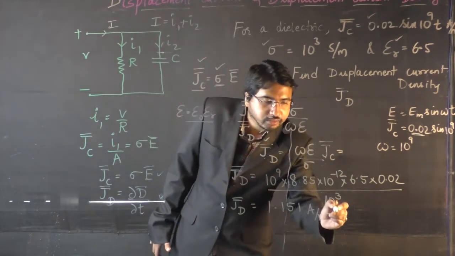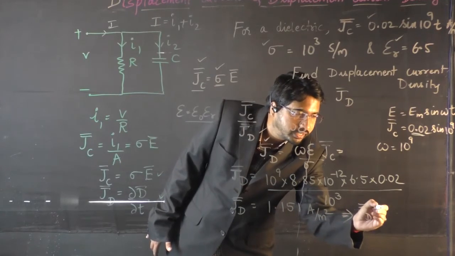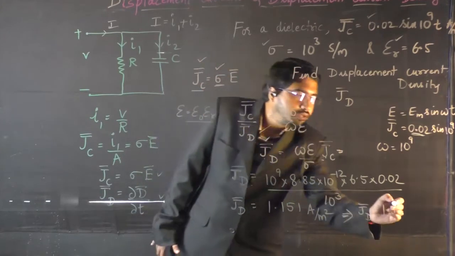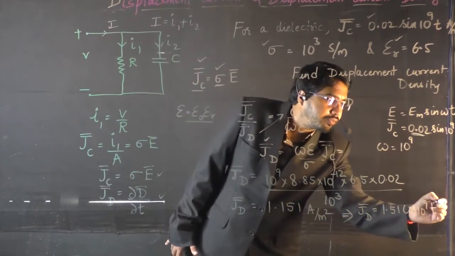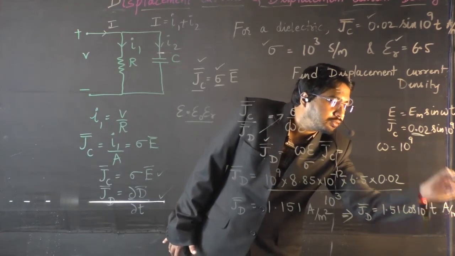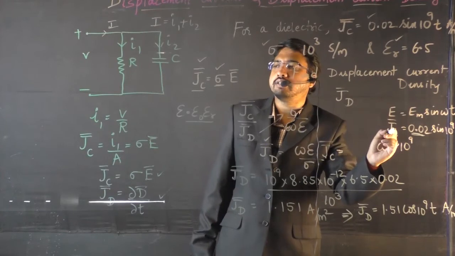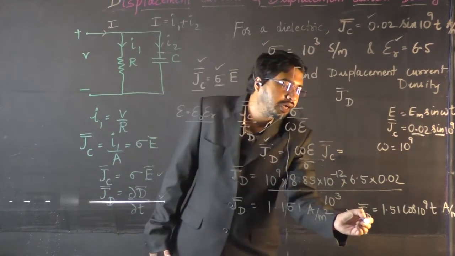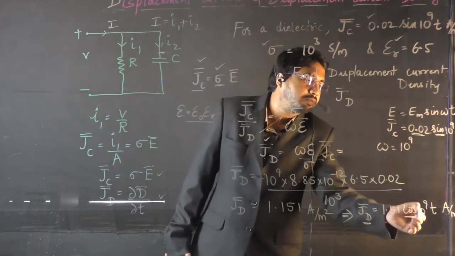If you express it in sine or cosine form, JD bar can be written as 1.151 into cos 10 power 9 t amperes per meter square. You can express conduction current density Jc bar in terms of sine, and JD bar in terms of cos. They have already given omega t as 10 power 9.